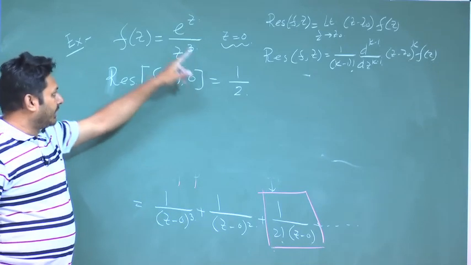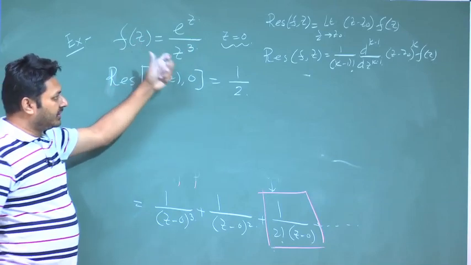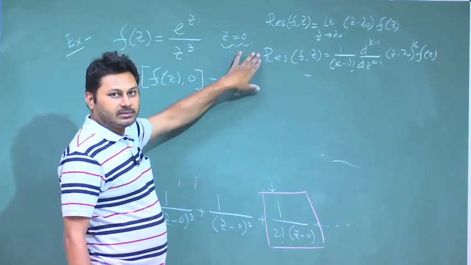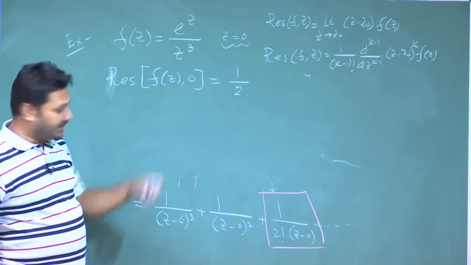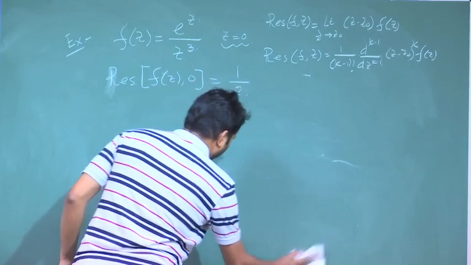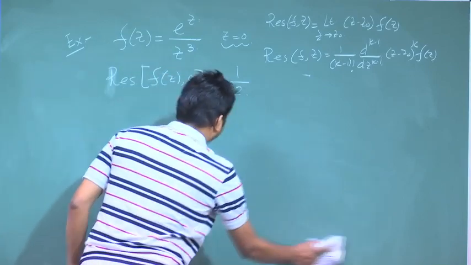Now if I try to blindly put this formula, it is written here. So it has a pole at z equal to 0 and the order of the pole is 3. So now I am going to use the formula and check whether in both cases I am getting the same result or not.